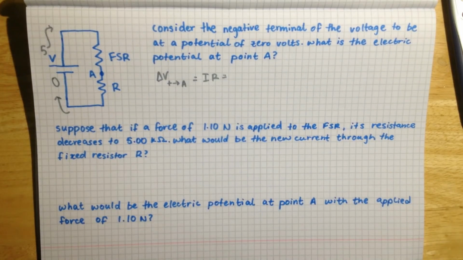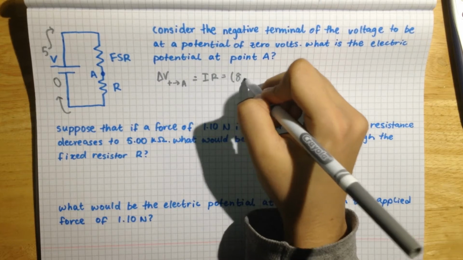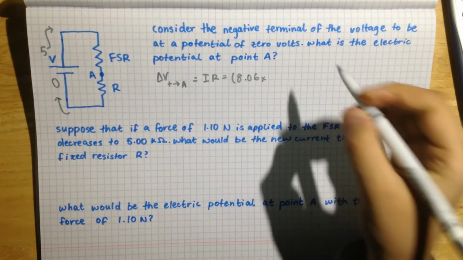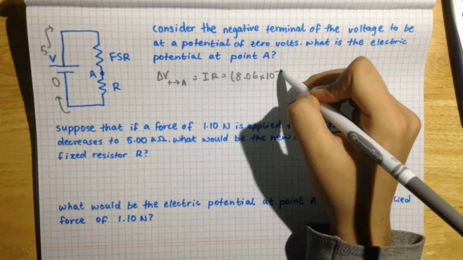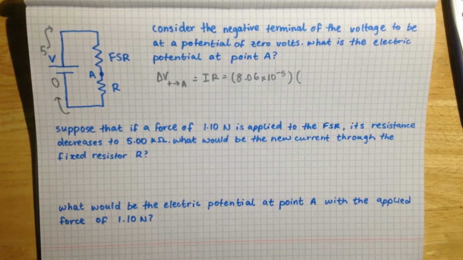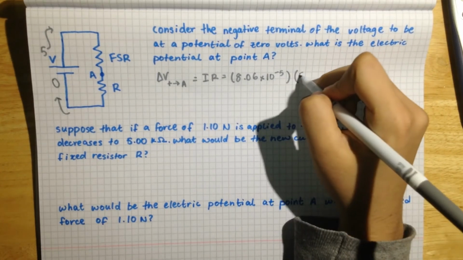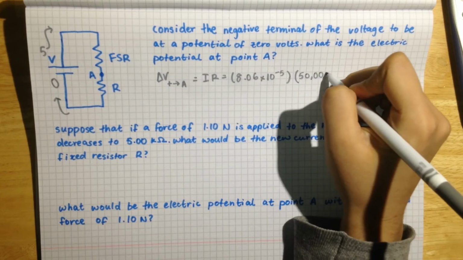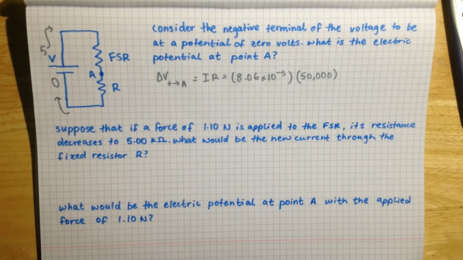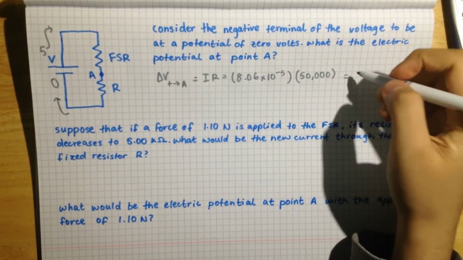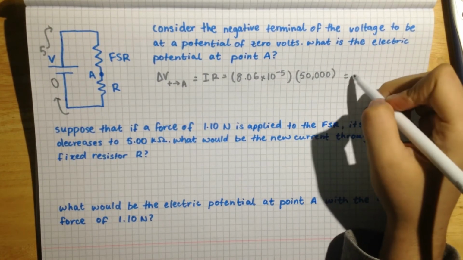So the current we calculated in the previous part of this question to be 8.06 times 10 to the negative fifth amps. And the resistance of this first resistor is 50 kiloohms, or 50,000 ohms. So we can just multiply these two values in the calculator and we get 4.0323.